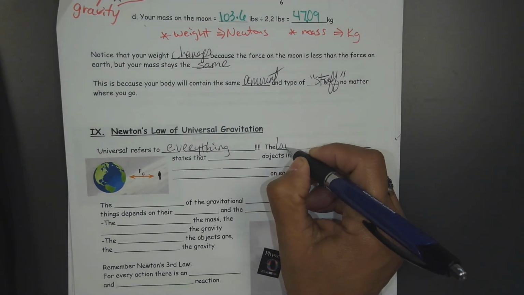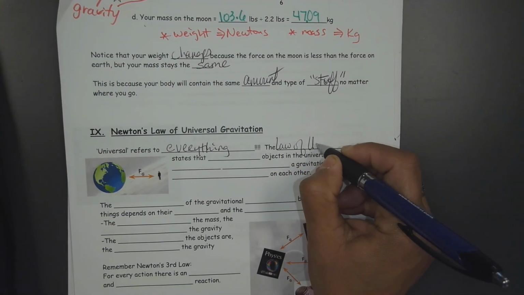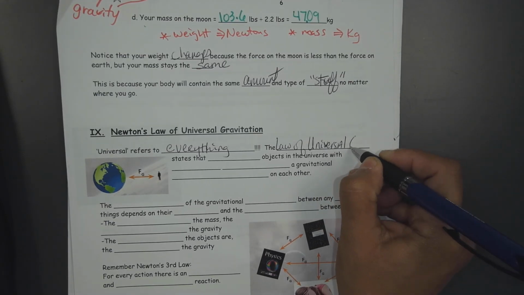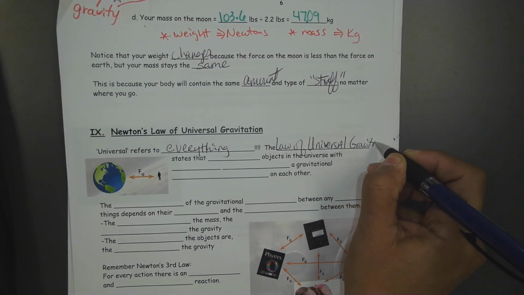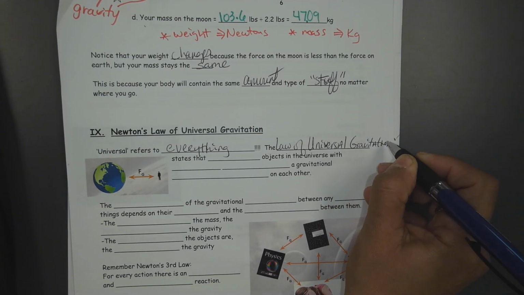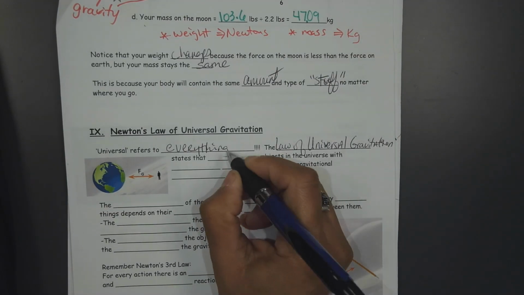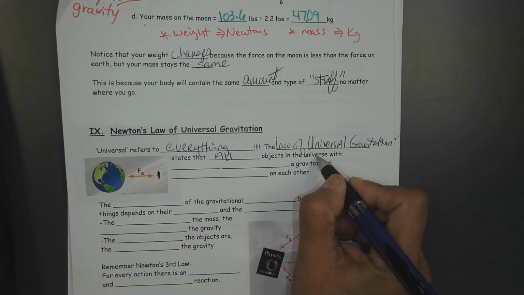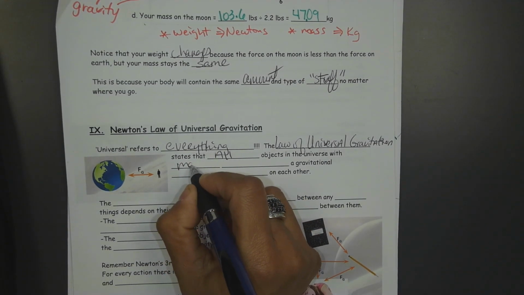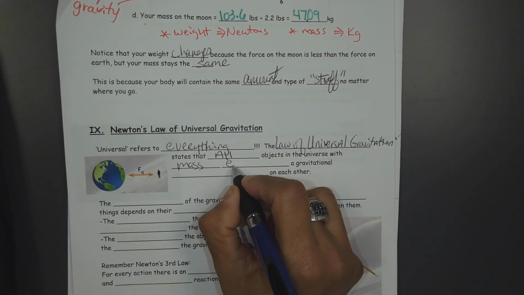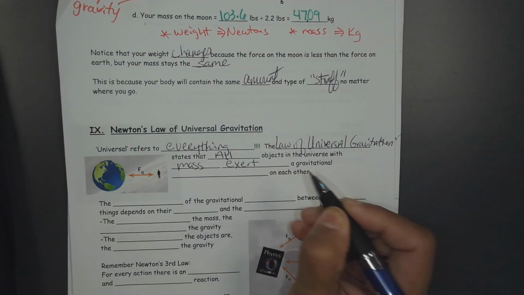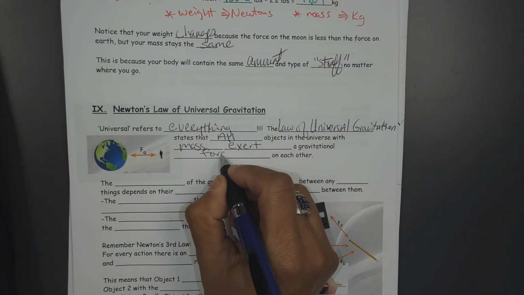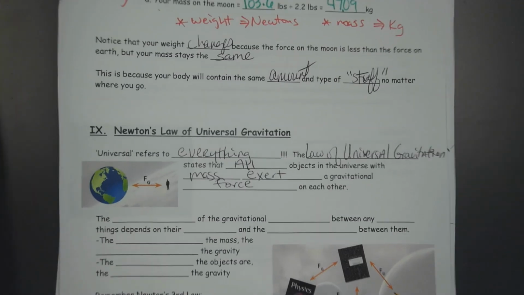And the law of universal gravitation, it says here, states that all objects in the universe that have mass will exert a gravitational force on other things.